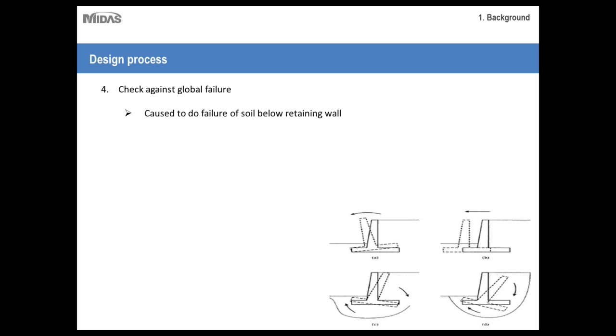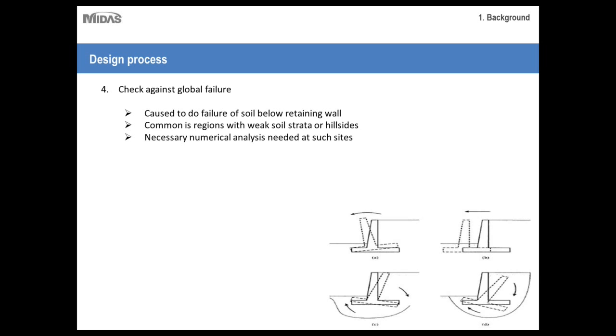So how can you ensure safety against global failure? This type of failure, as we know, is caused by the soil below the retaining wall, and if you are working on sites which have weak soil strata, or you are working on hillsides, this check is essential.